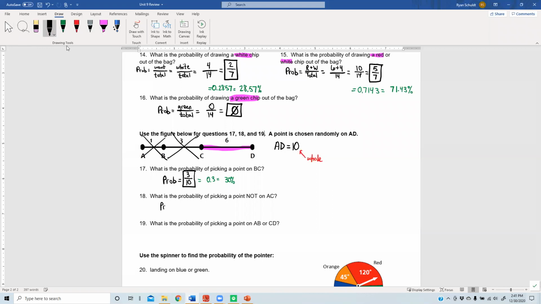So that probability is 6/10, which reduces to 3/5. Three over 5. Again, as far as answer goes, that can be your answer, but you need to also be prepared to do a decimal or a percent.